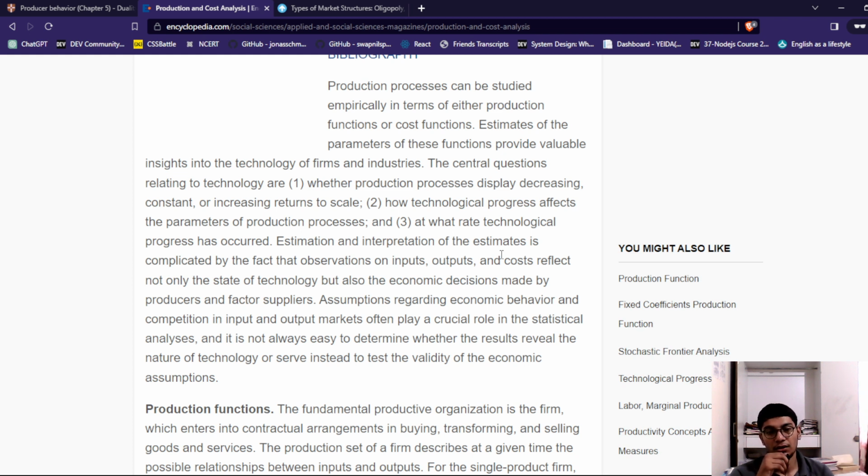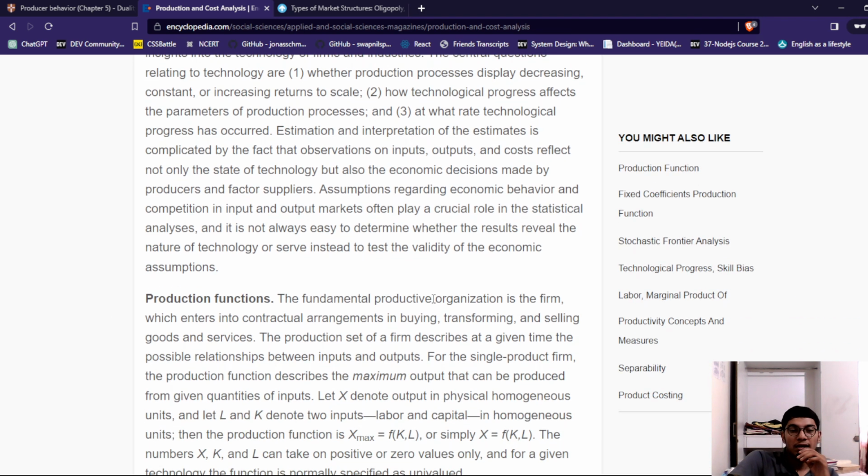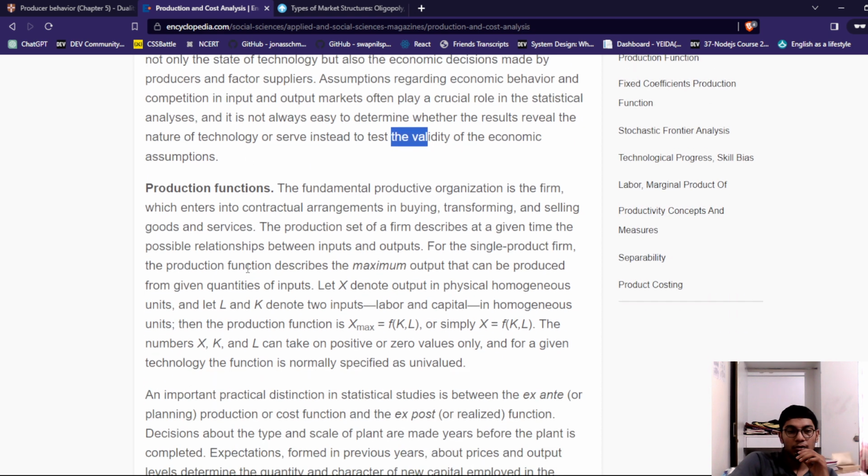Estimation and interpretation of the estimates is complicated by the fact that observations on input, output, and cost reflect not only the state of technology but also the economic decisions made by producers and factor supply. Assumptions regarding economic behavior and competition in input markets often play a crucial role in statistical work, and it is not always easy to determine whether the results reveal the nature of technology or serve instead as a test of the validity of the economic production function.